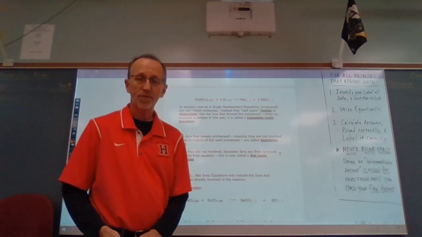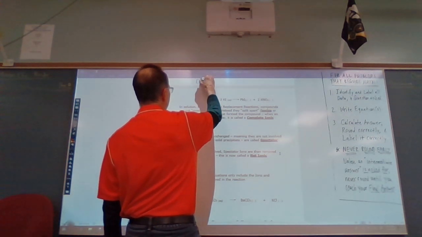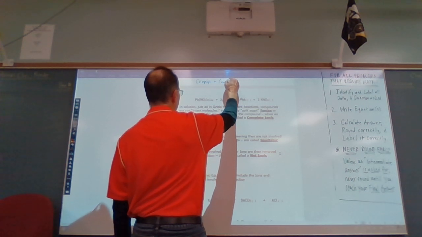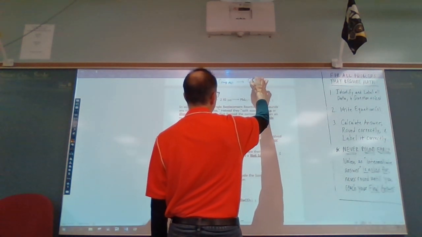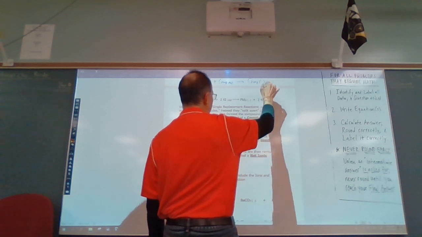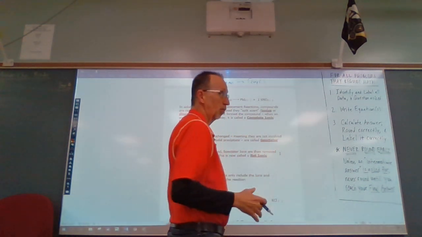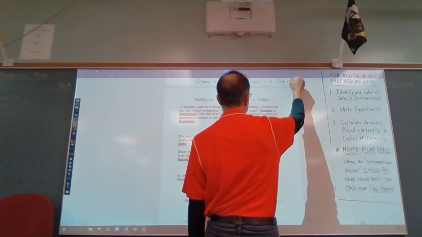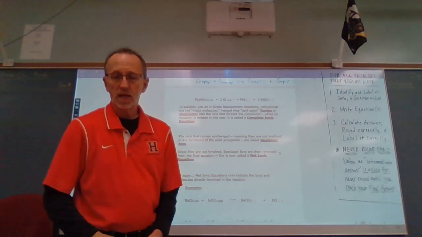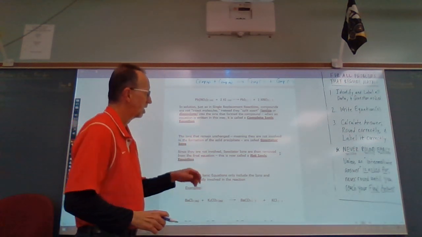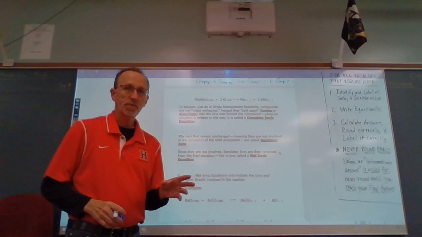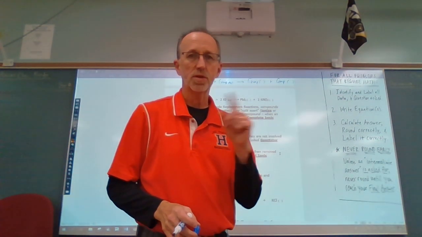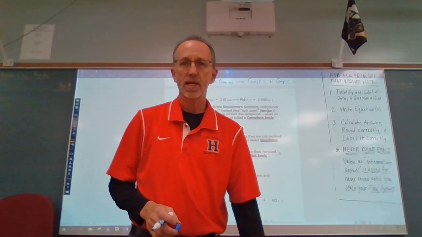Remember the general format for double replacement is compound in solution plus compound in solution yields another compound, where we have to determine its solubility based on the rules we talked about yesterday, plus a second compound, again where we determine its state of matter based on solubility. Remember, in a double replacement reaction, the two positive ions in the original reactant compounds switch places with one another, hence the term double replacement.